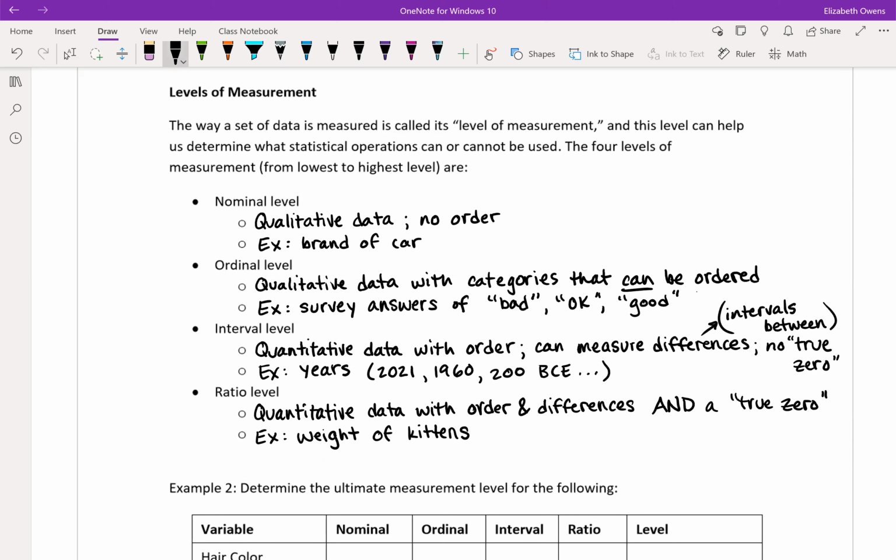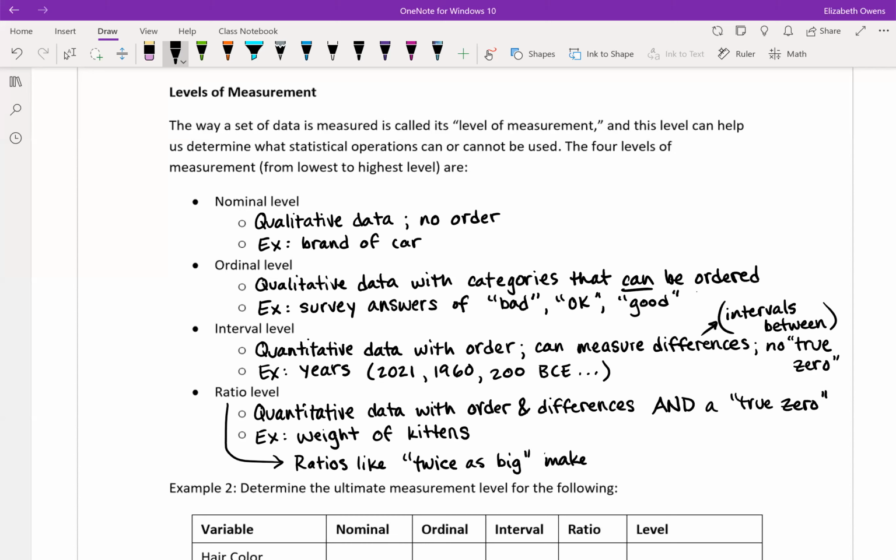Now, the other thing here to kind of help with remembering the ratio level is that ratios, which are phrases like twice something, like twice as big or twice as tall, twice as many, or half as big, half as tall, half as many, things like that.